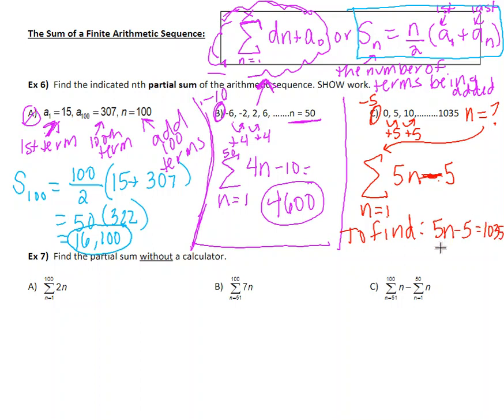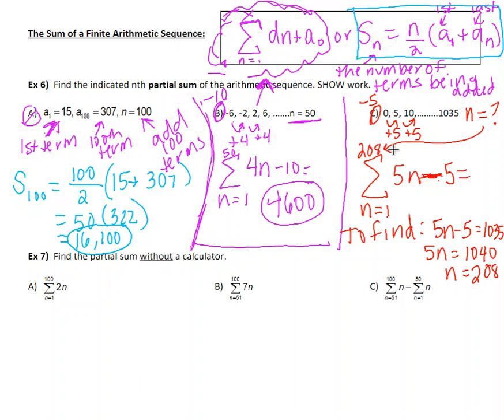And then you just solve for n. So you would add 5, you would get 1,040, you would divide by 5, and you end up getting 208. So that value that you just figured out is the number of terms that is actually being added together. 1,035 is the 208th term.